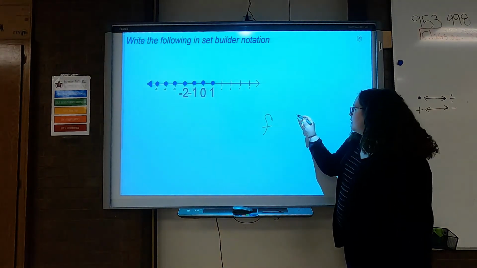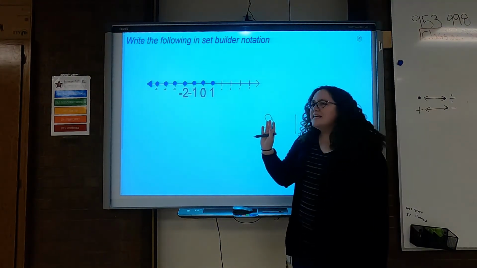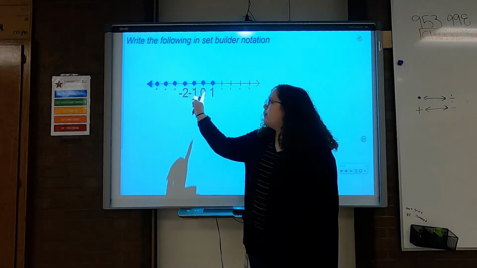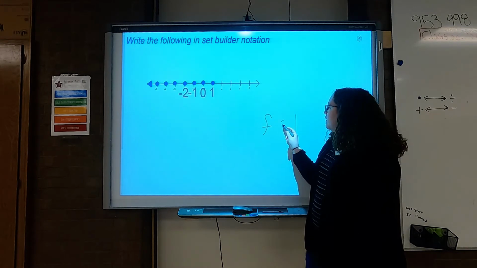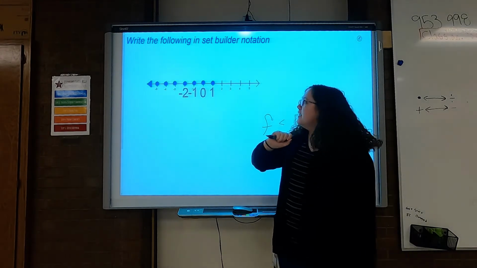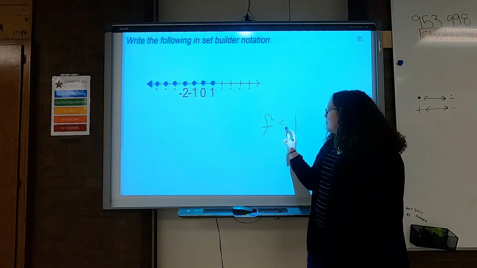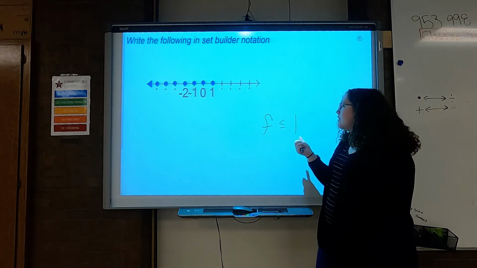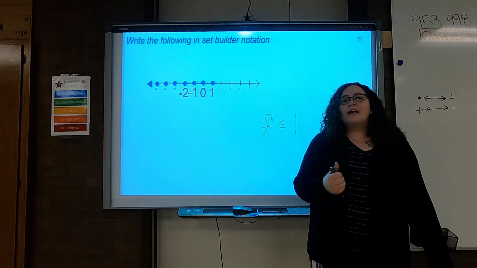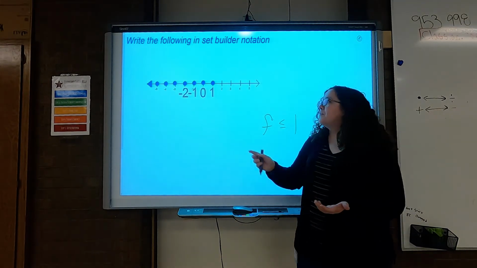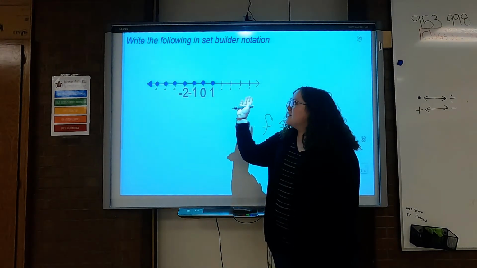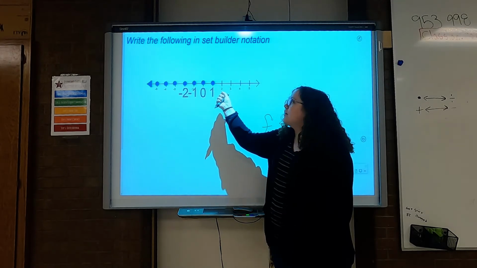So we're starting at the 1. And it looks like it's going to the left in a bunch of dots. So we know this is going to include less than. Does the 1 have a closed circle on it? Yes, it does. So that means F is less than or equal to 1. Now, this is where set builder notation in particular is very useful. On the other ones, we had that solid line, but this one is no longer a solid line.